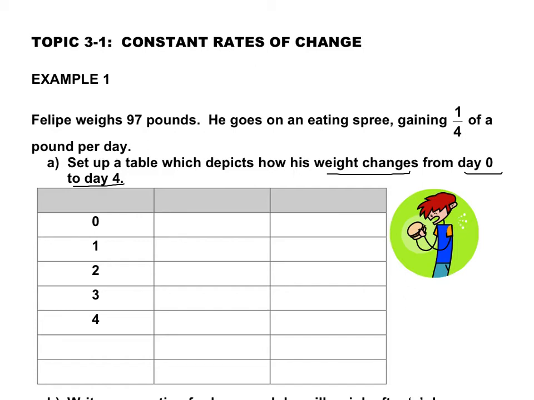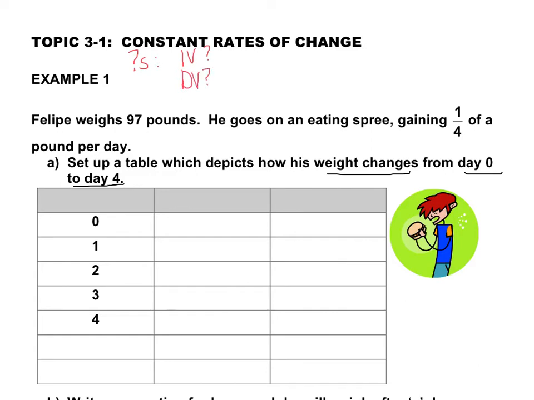So there's a couple of questions that you're going to ask yourself as you're making this table. Here are the questions that I usually ask when I'm making a table. First of all, what is your independent variable? And what is your dependent variable?